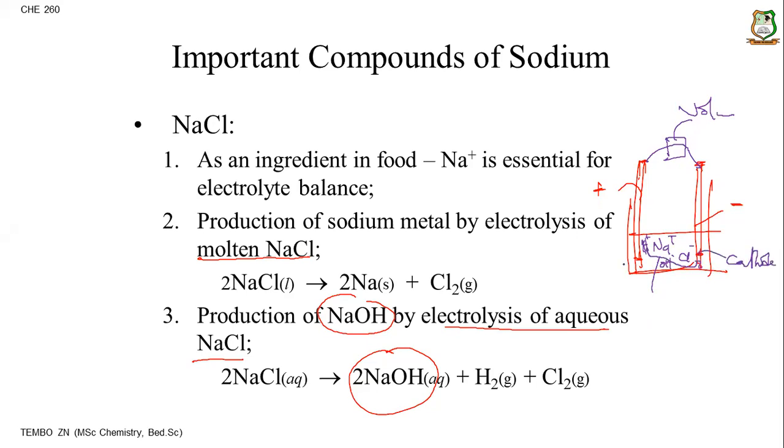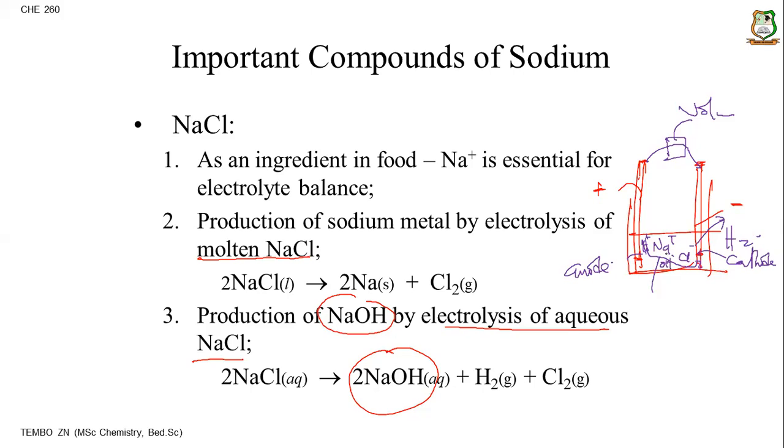Okay, and this is the anode. So hydrogen will go to the cathode first before sodium, and it will be produced here as hydrogen gas.